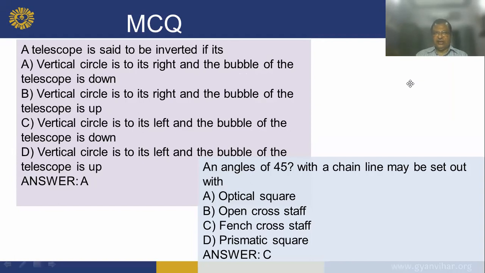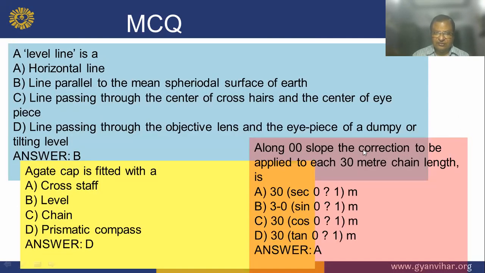And next question, an angle of 45 degrees with a chain line may be set out with the, so the correct answer is C, optical square or cross staff. Now level line, a level line is a, what is the correct answer? Answer B, not A, horizontal line. A level line is parallel to the mean spherical surface of the earth.